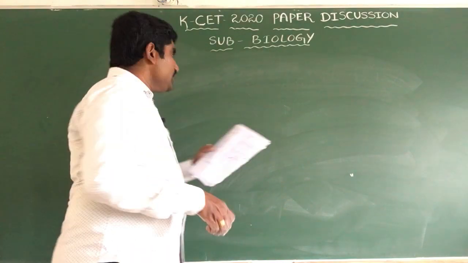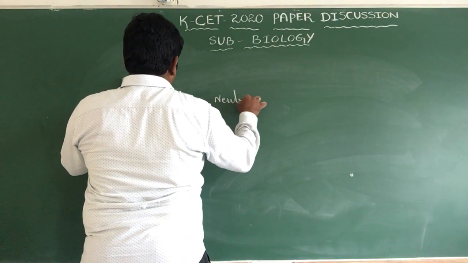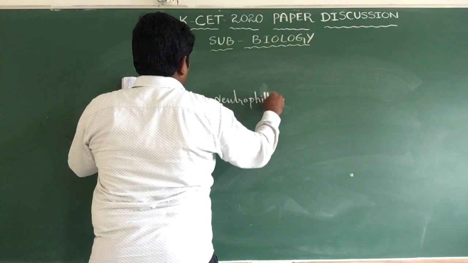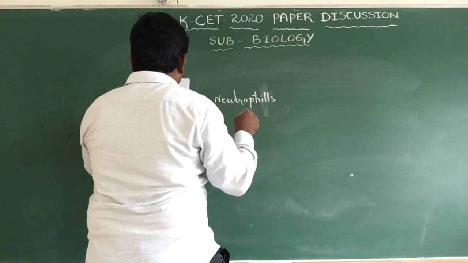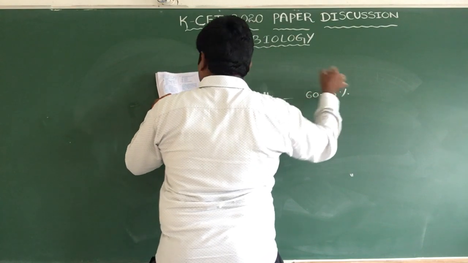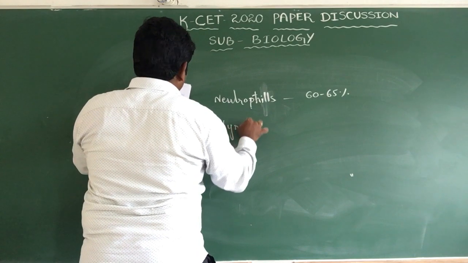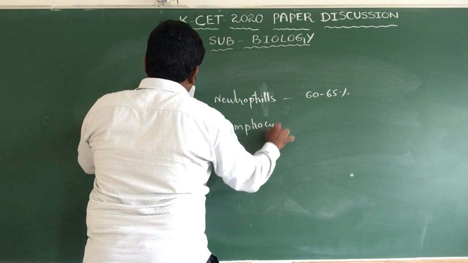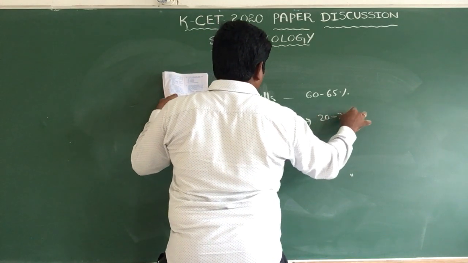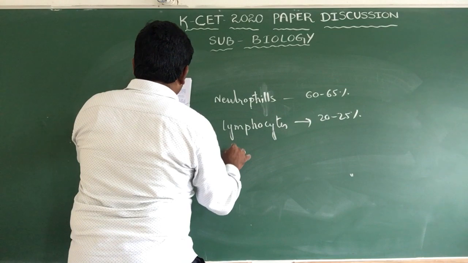Estrogen is the female sex hormone which produces secondary sexual characters. Okay, and next, now let us see neutrophils. Neutrophils are 60 to 65 percent. Next one is lymphocytes: 20 to 25 percent.